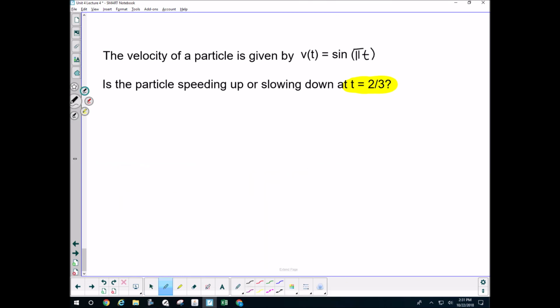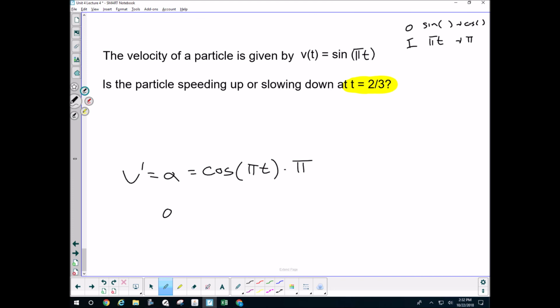Now, if you took the derivative, first of all, you got to understand there's an outside and an inside. So you got to use the chain rule. The derivative of the outside is cosine, the derivative of the inside is pi. If you got V prime, which equals A, is cosine of pi t times pi.